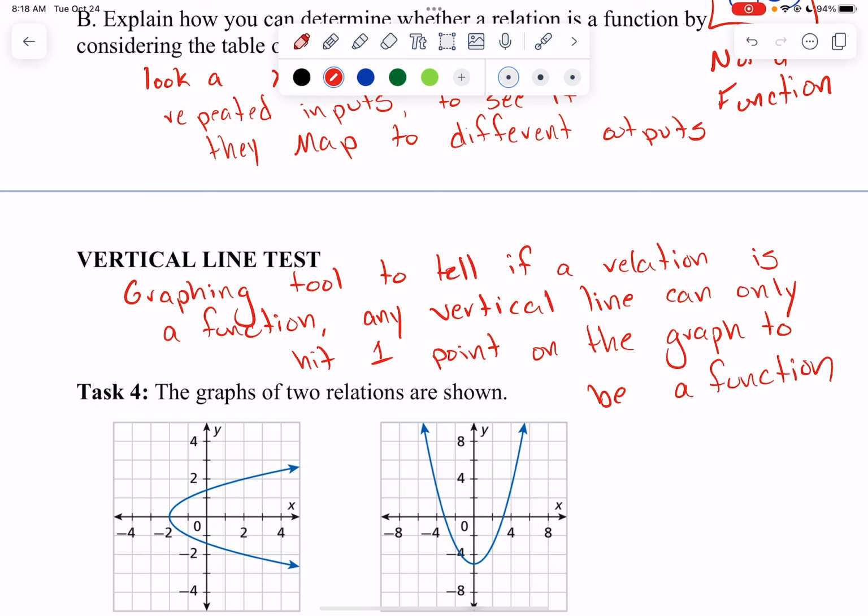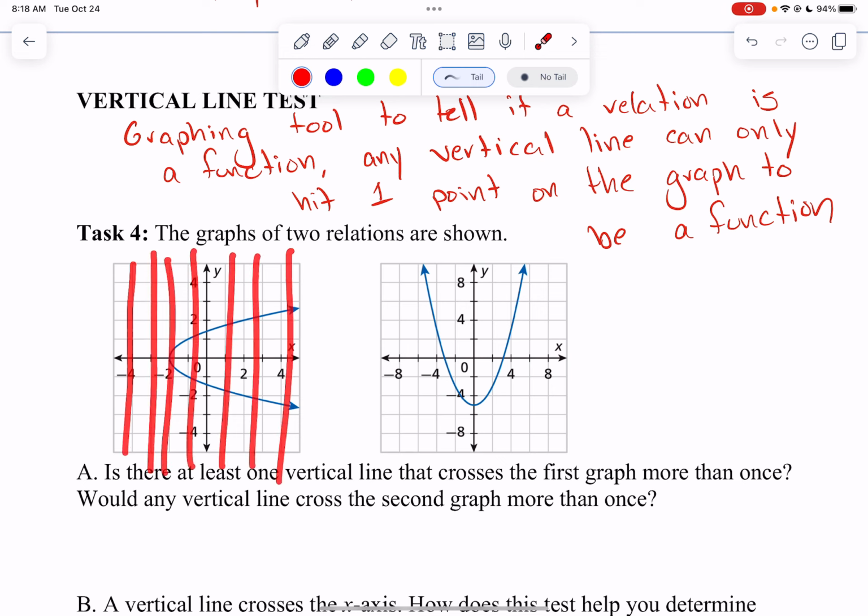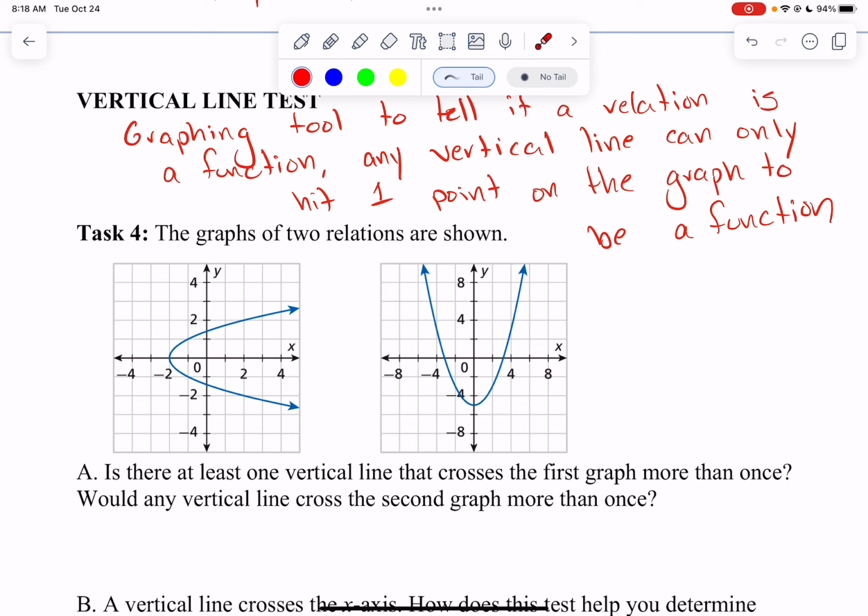So I envision a vertical line. Here I have two graphs of relations shown. If I take vertical lines and cut through my entire graph, it can only hit 1 point on the graph. Here it would only hit 1 point, that point right there.